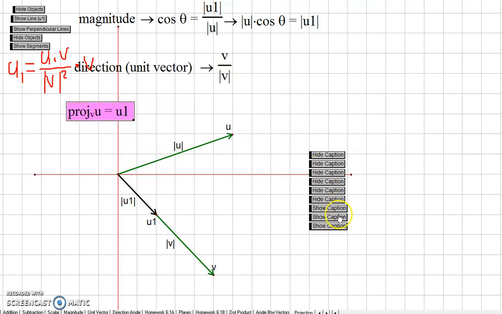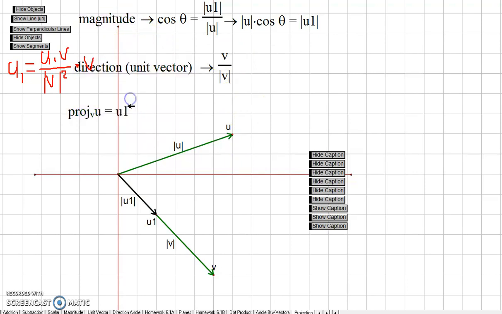Think about that again: if I take the vector v, which is an xy value, and divide by the magnitude of that vector, I create a unit vector, something going in that same direction but only going a distance of 1 unit.